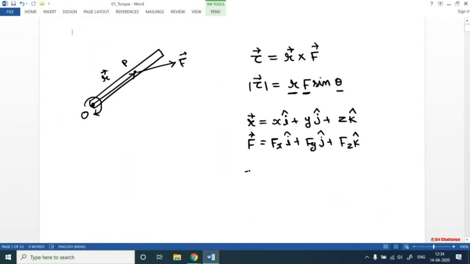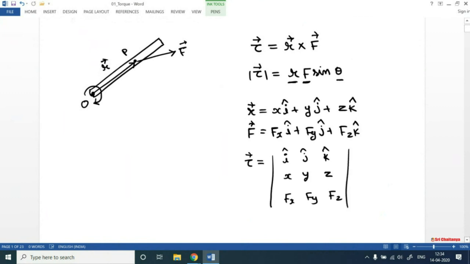In that case, the expression for torque will look like this: i, j, k, x, y and z, and Fx, Fy and Fz. So this expression is in determinant form.